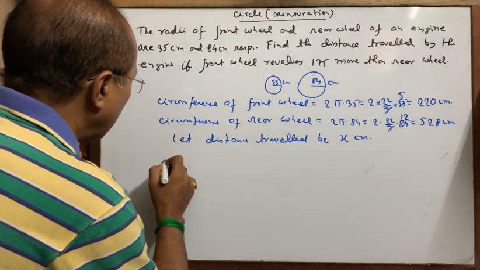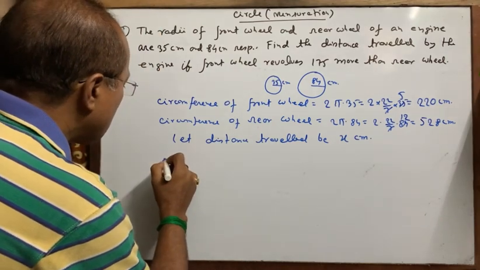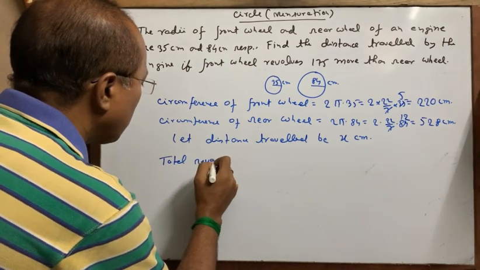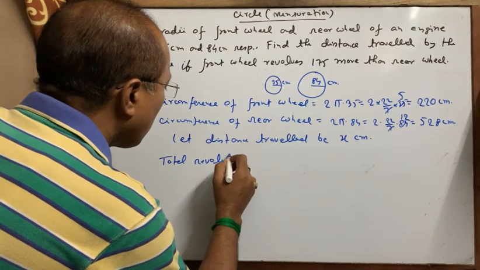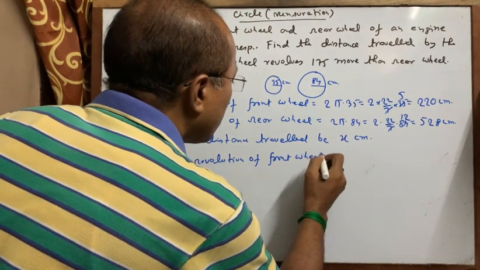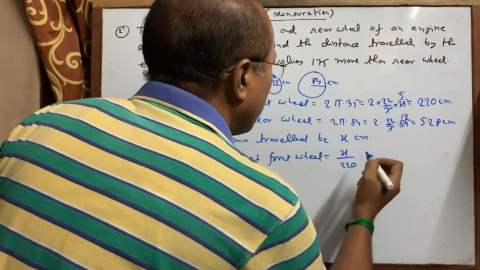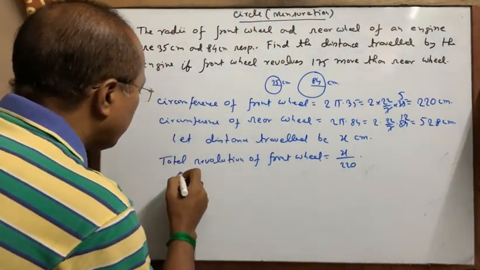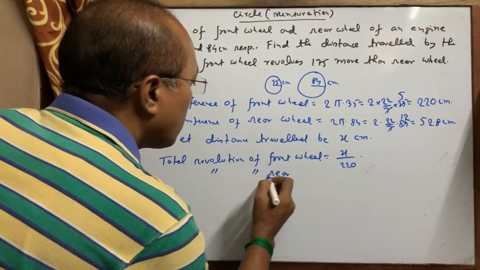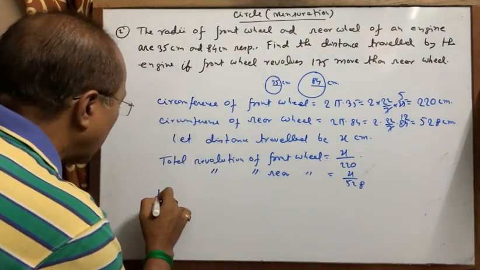So, by the problem, first write down the total revolution of the front wheel is x by 220 and the revolution of the rear wheel is x by 528.